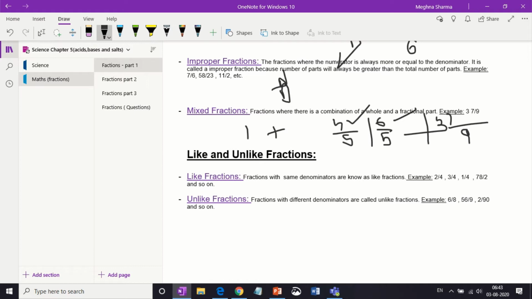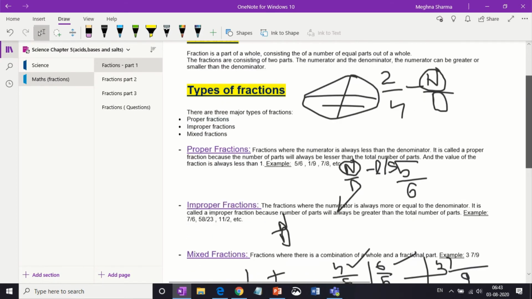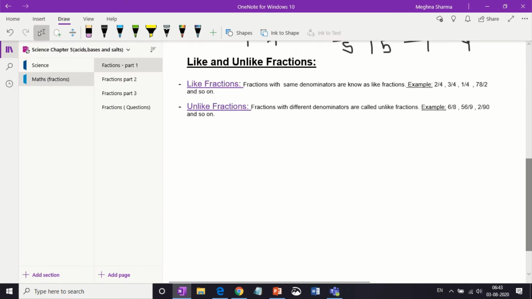Not only these three, there are two more types of fractions: the like and unlike fractions. What are these?